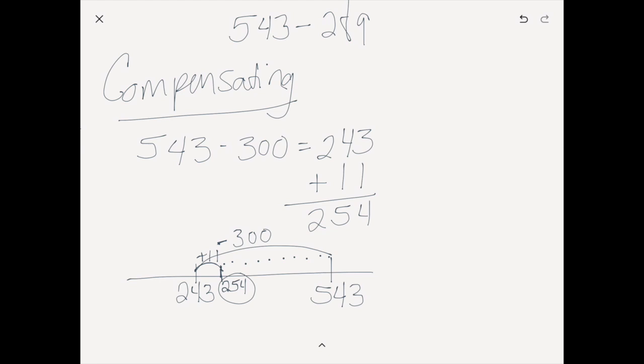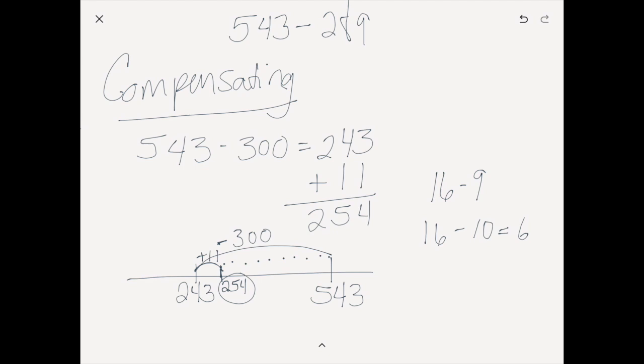Now, remember, I'm showing you how to solve this with multi-digit numbers. But even when we are helping kids basically learn their facts, kids are doing these strategies. So let's take a look at what it would be like if we were doing 16 minus 9 and a kid was doing this compensating strategy. You might see a kid who says something like, well, 16 minus 10 would be 6. And then they need to do something after that.